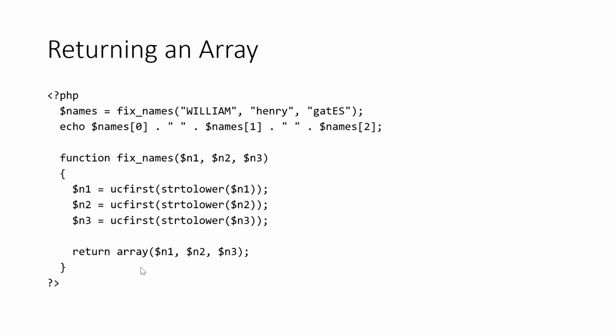Then we can put everything together again, n1, n2, n3, because you work on them separately, put them into an array, and then you can return it. So the returned value contains the three name parts. Again, very useful, especially when you want to call a function and get the answer, because it contains multiple values. The best possible way to return multiple values is putting them into an array.